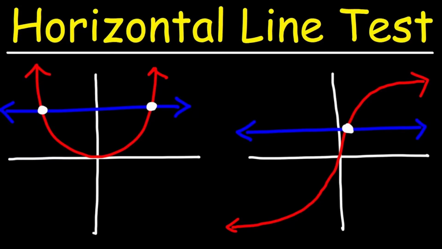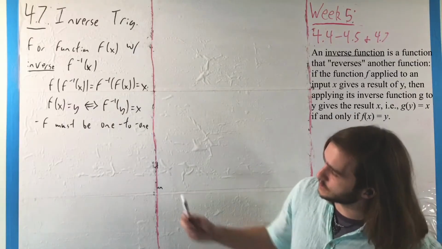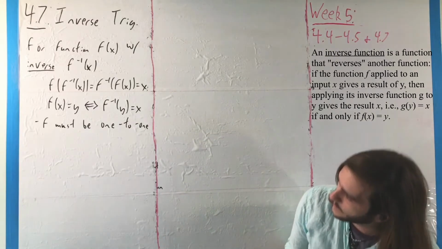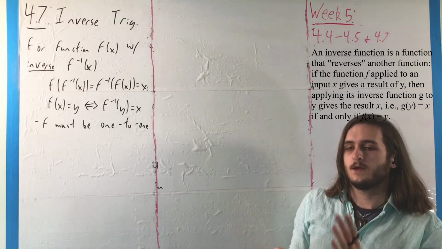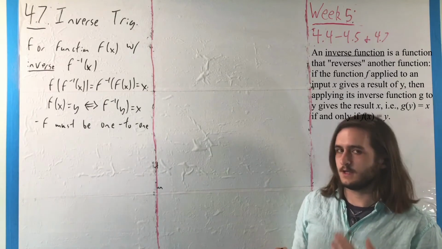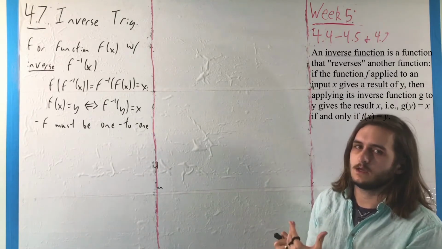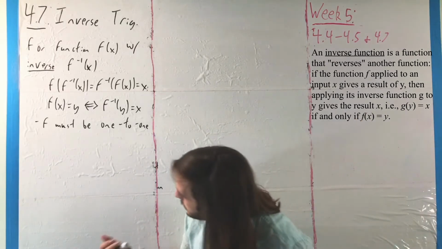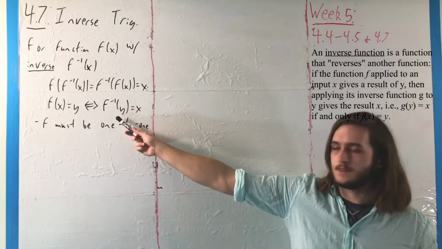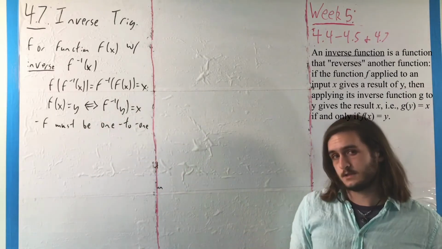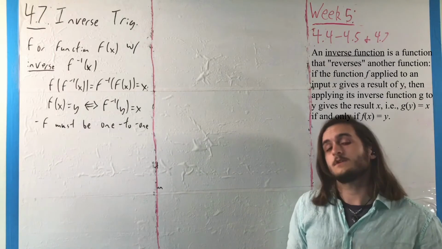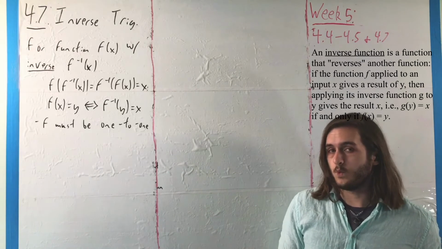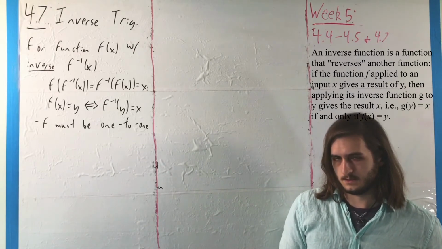We have some other function f inverse, which is denoted with a -1 as an exponent of x, where f of f inverse of x, if we compose in that direction, gives the same thing as f inverse of f of x: we just get x. And if f of x equals y, then f inverse of y equals x. That is, the inverse is the function defined specifically to undo what f does.